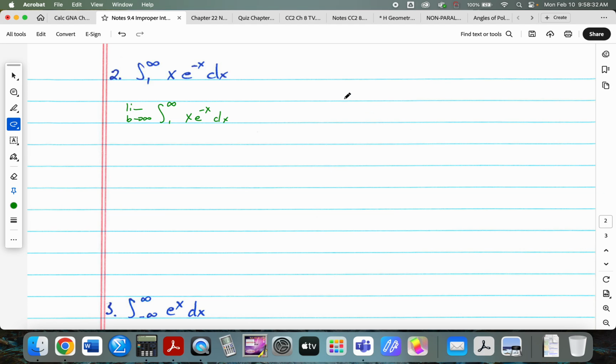And so what I'm going to do to save myself from having to write nearly so much stuff, I'm going to come over here and do an indefinite integral for this until I have it in a closed form, and then I'll substitute in. Does that make sense? Let me show you what I'm talking about. So I'm just going to do, what's the integral of x e to the negative x dx?